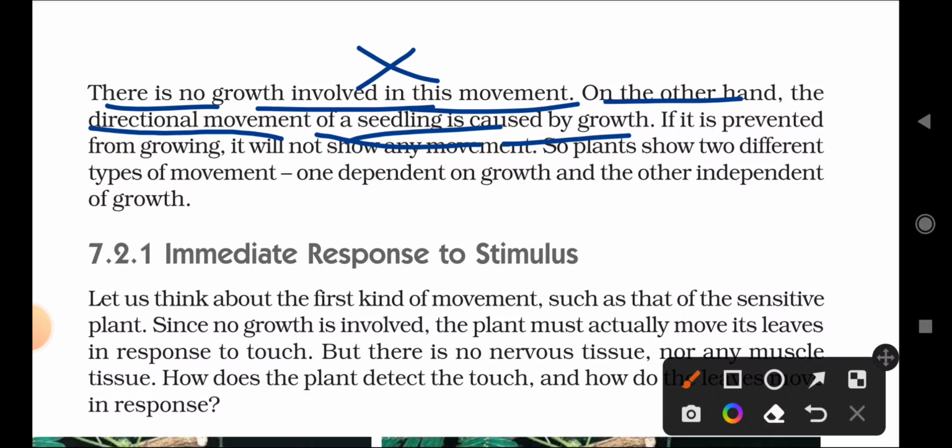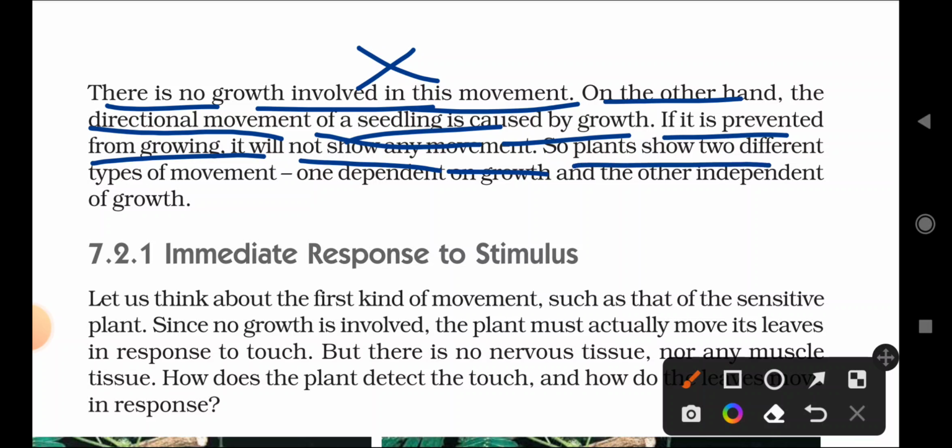That is called growth-related movement. If a plant is prevented from growing, it will not show any movement. If the seed is germinating and we cut the roots, or do not add water, or enclose the seed in an airtight container, or do not provide sunlight and water, it will not grow and will not show any movement, because we have stopped its growth.